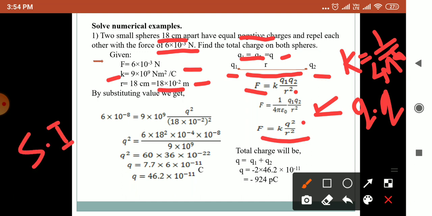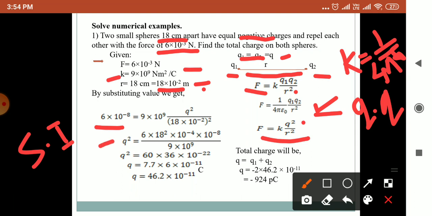So we have 18 into 10 raised to minus 2 meter. By putting all the values, we get 6 into 10 raised to minus 3 equal to 9 into 10 raised to 9 Q square upon 18 into 10 raised to minus 2 bracket square, that is R square.